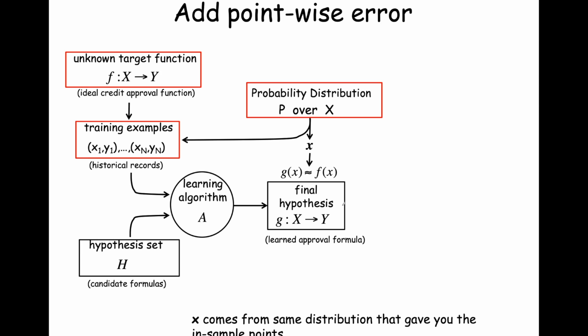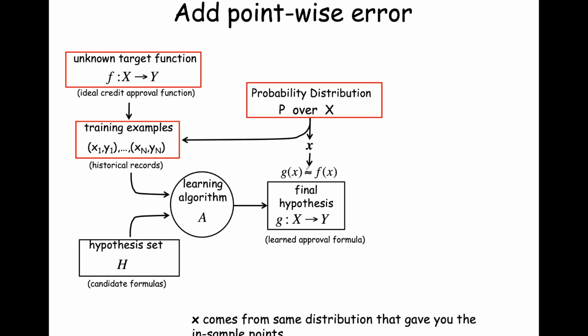So when we look at this, the sample data we see comes from the same distribution that gives us our out-of-sample points. So we augment the unknown in this anatomy of a learner with another edge that goes from that same probability distribution, giving you the out-of-sample points x, that goes into the final best hypothesis.